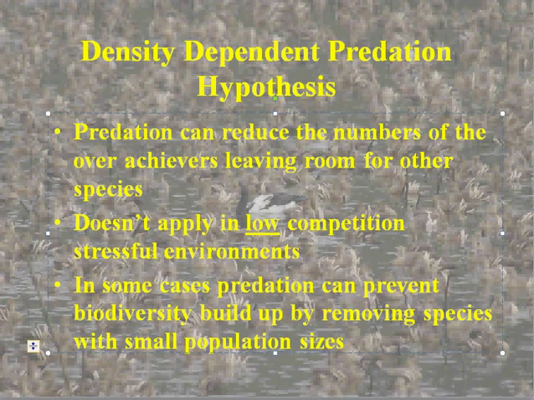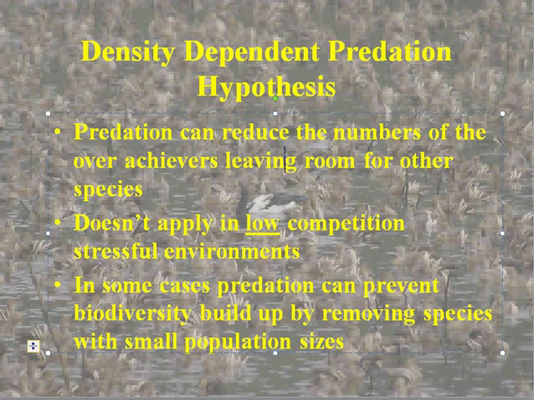So in some cases, predation can prevent biodiversity buildup by removing species which come in and colonize before they can build up large enough and sustainable population sizes. Okay? But generally, predation can act to maintain diversity in a tropical ecosystem.